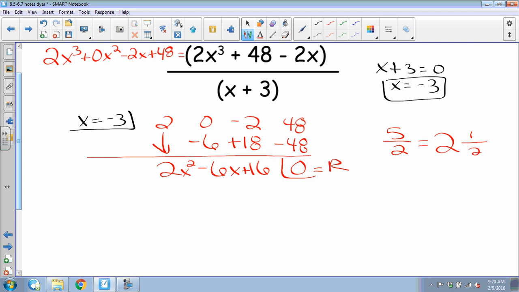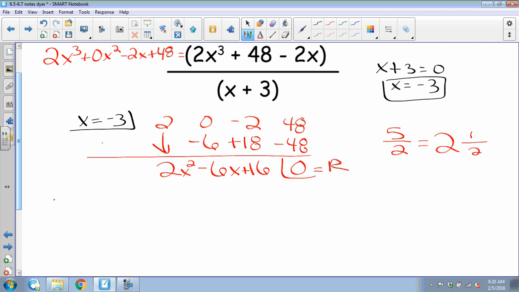So if my remainder was 4, then it would be plus 4 over x plus 3, because that's what I divided by. And we'll look at some remainders. But if I get a remainder of 0, was that a factor? Yes. Was this the solution? Yes.